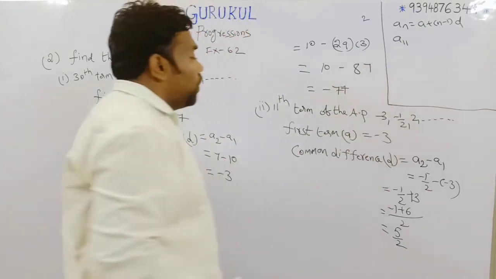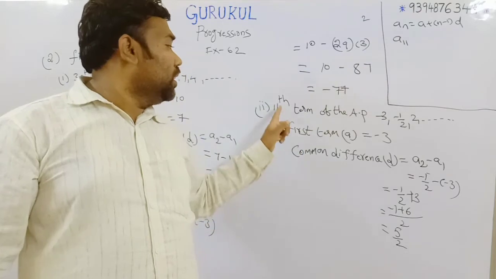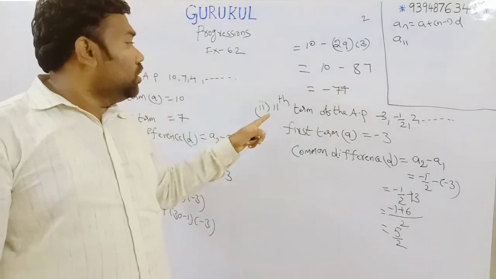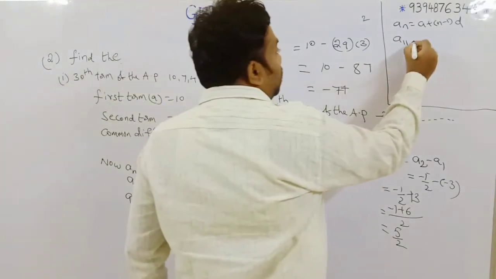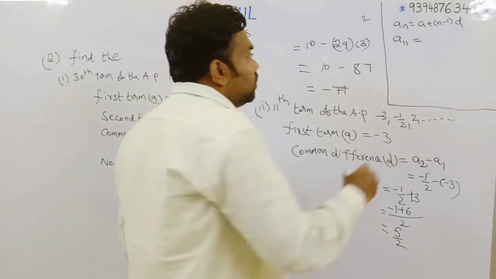A11. So we find the value of the 11th term. You substitute n by 11. So A11 equals a plus (n minus 1) into d. What is the a value? Minus 3.